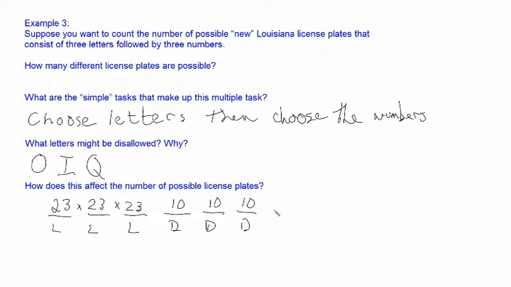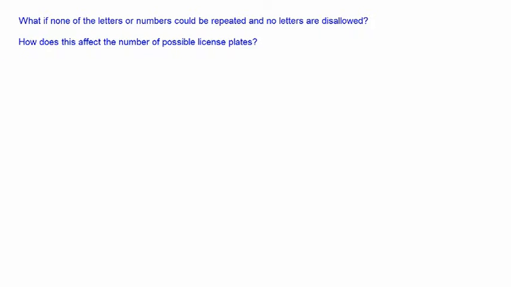So the total number of license plates with the 3 letters O, I, and Q not being permitted would be 23 times 23 times 23 times 10 times 10 times 10. And that product is 12,167,000.